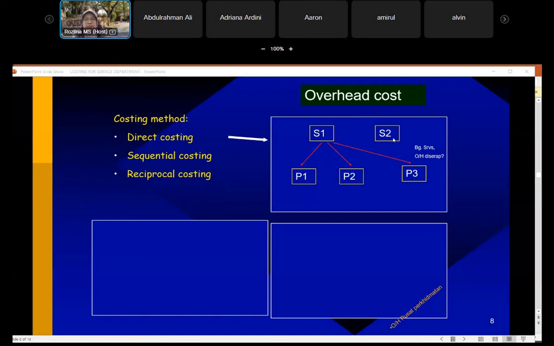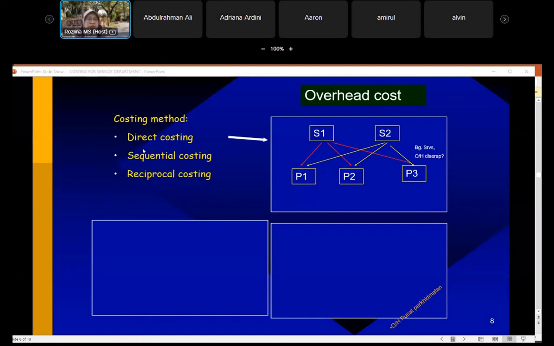At the same time, service department S2 also gives the service to P1, P2, and P3. When we talk about the service, that means they have the cost. The cost should be absorbed by this production. When we say they contribute, that means P1 has to absorb their cost. Because they have given the service, you have to pay for the service.